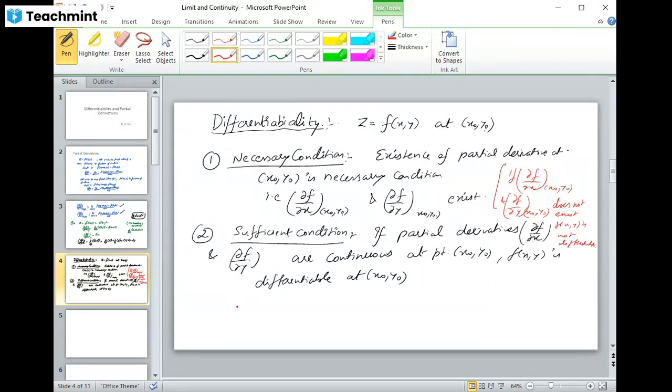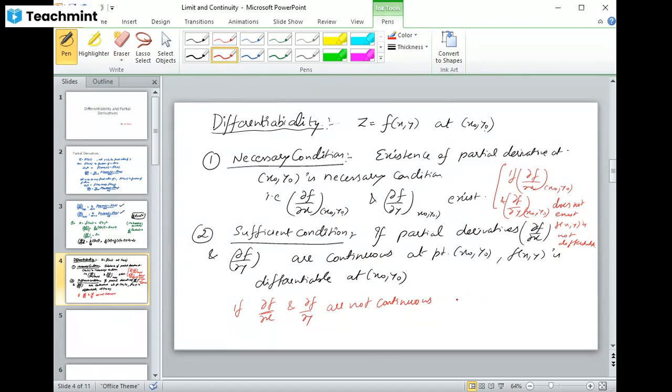Sufficient condition means that if the partial derivatives ∂f/∂x and ∂f/∂y are not continuous, even then your function may be differentiable.